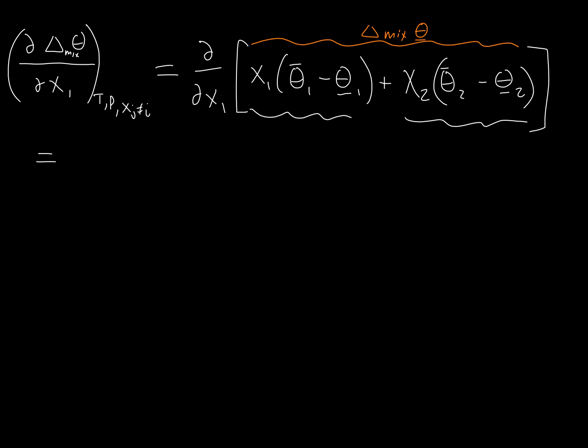Okay, so the derivative of the first times the second. So x1, dx1, that's just 1. So we have theta over bar of 1 minus theta under bar of 1, plus the second times the derivative of the first, plus x1 times d theta over bar of 1 dx1.